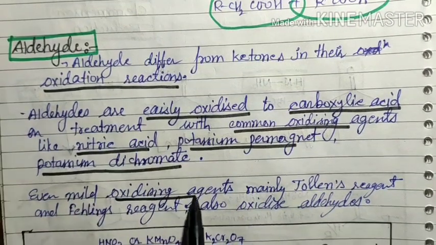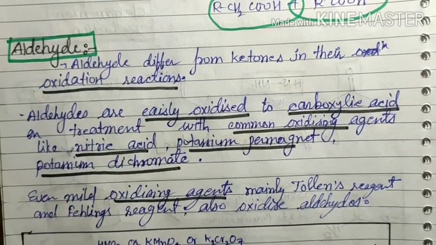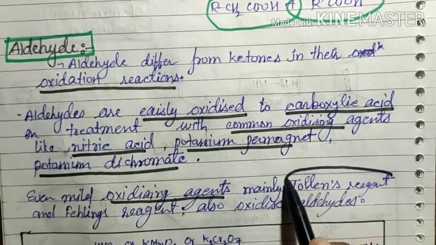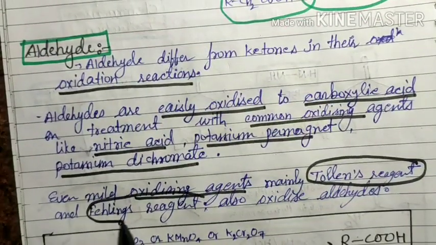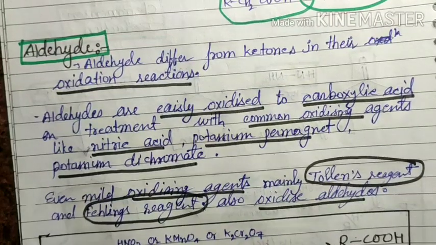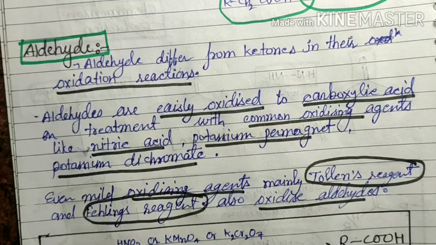Even mild oxidizing agents, meaning weak oxidizing agents, mainly Tollens reagent and Fehling's reagent, also oxidize the aldehyde. That means the oxidation of ketone is very vigorous and the oxidation of aldehyde is very easy.